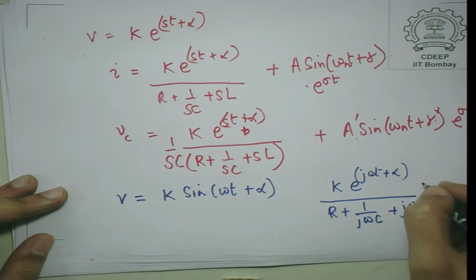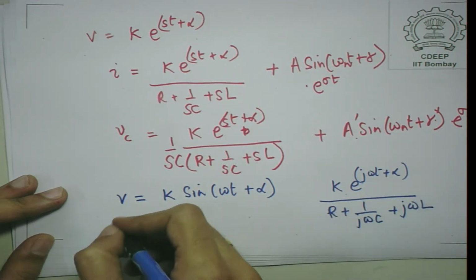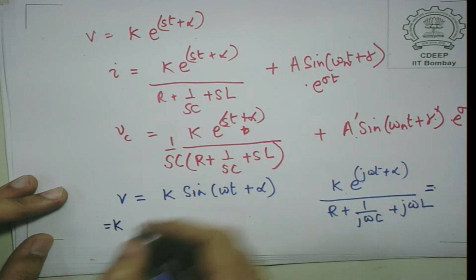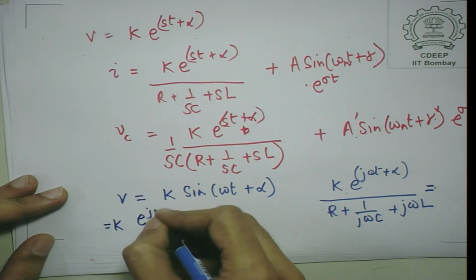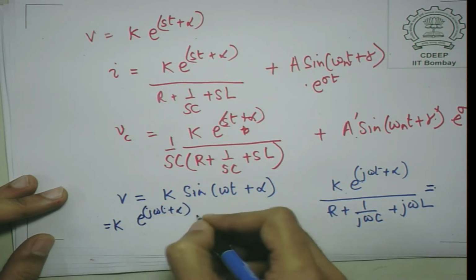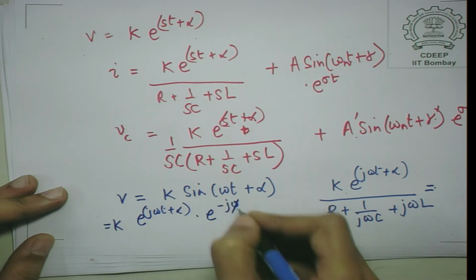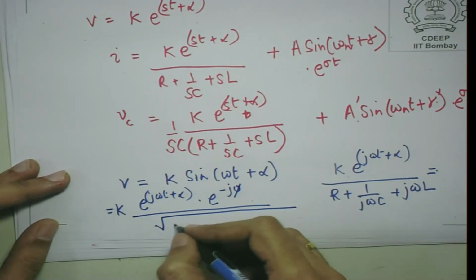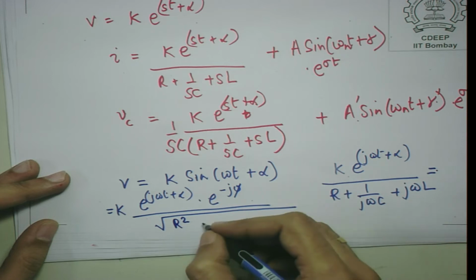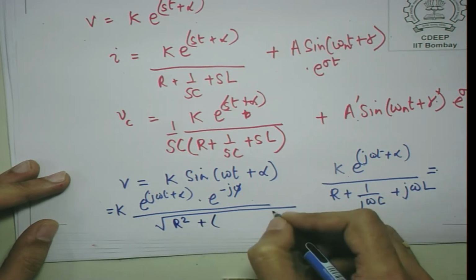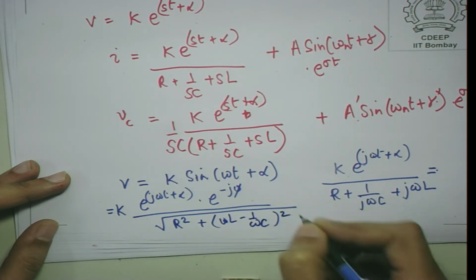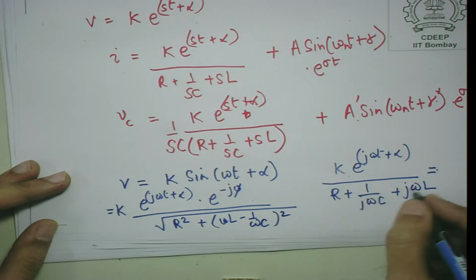So, this will be equal to k into e raised to j omega t plus alpha into e raised to minus j phi divided by root of, now you will get, unlike the previous case for an RL circuit, r square plus omega L minus 1 upon omega c square, and this phi is of course the angle, that is the tan inverse of the imaginary component divided by r.